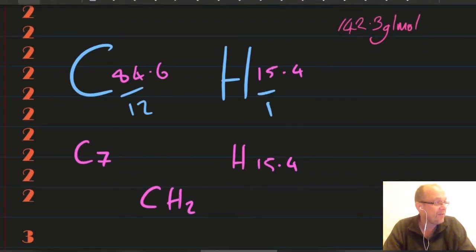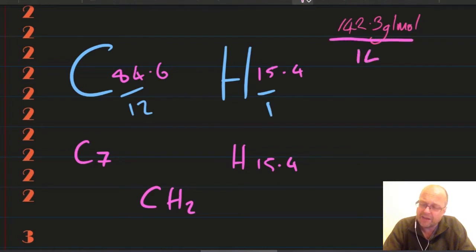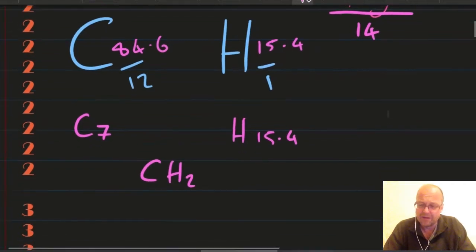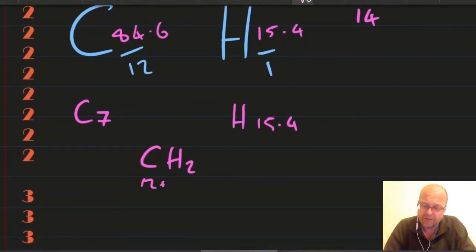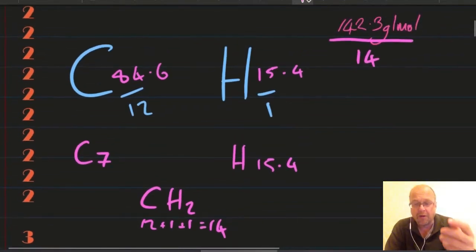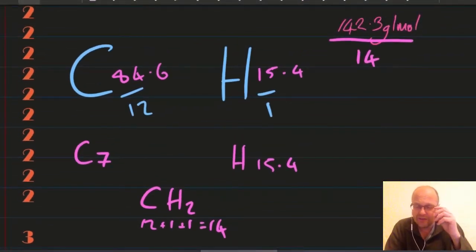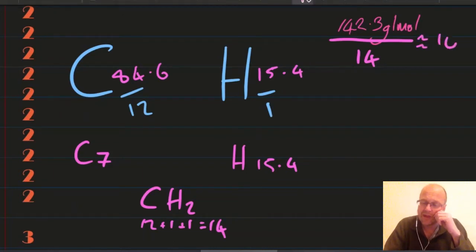Now the molecular formula, the molecular mass is going to be 142. So I'm going to divide that by 14. Now where does the 14 come from? Well, carbon's 12, hydrogen's 1. So that means the actual real molecule contains 10 lots of CH2. Because that gives you about 10.